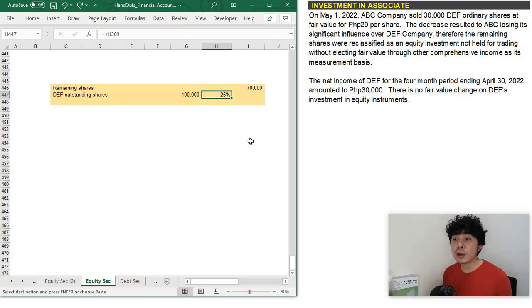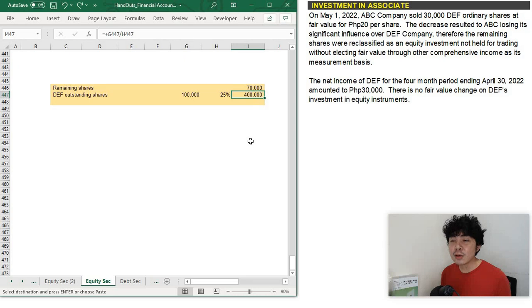So ibig sabihin, 100,000 shares divided by 0.25, ang total outstanding ordinary shares ni DEF is 400,000 shares. Yan ay after split up na 2 for 1. Kasi nga, bago mag-split up, ang outstanding shares ni DEF is only 200,000 shares. And syempre, split up siya na 2 for 1, so nadoble siya.